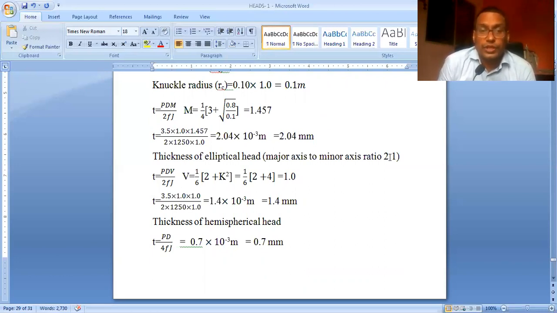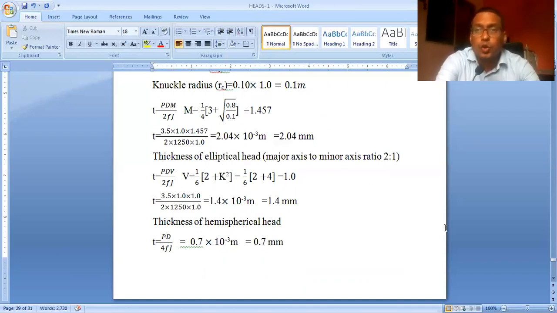Now the next is the thickness of a hemispherical head. Your formula is thickness equal to PD upon 4FJ. And the thickness comes as 0.7 mm.